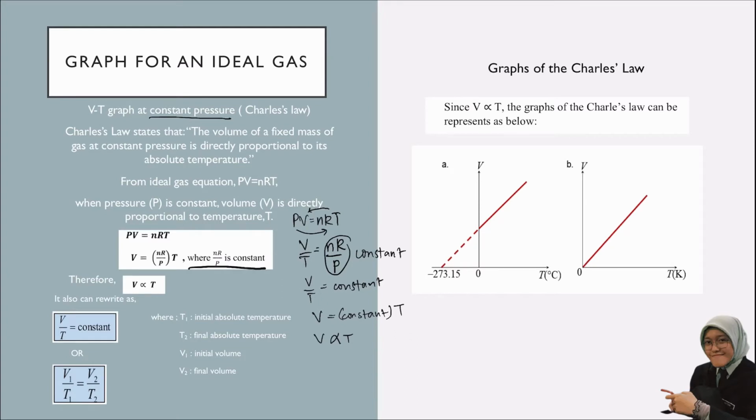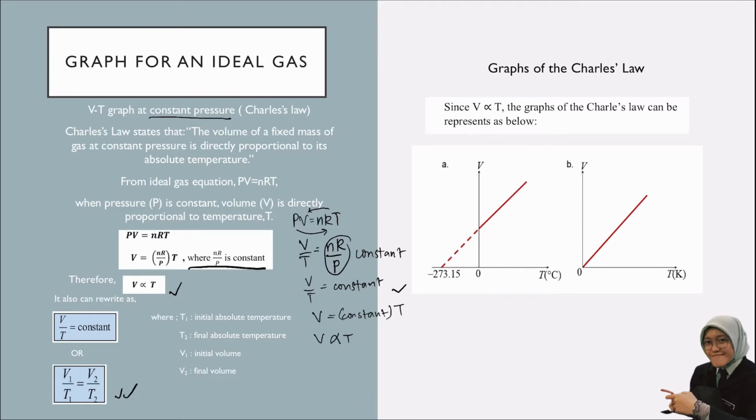Therefore V is proportional to T. It can also be rewritten as V over T equals constant. Or this one, V initial over T initial equals V final over T final. Okay, this one is also Charles' law.